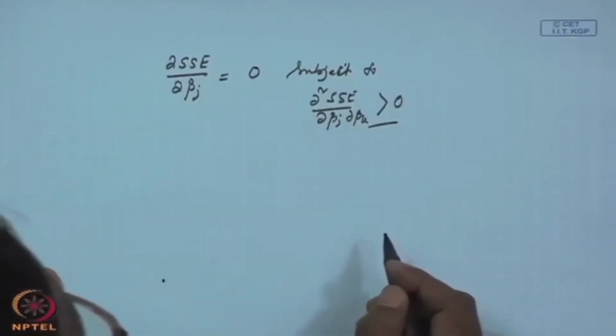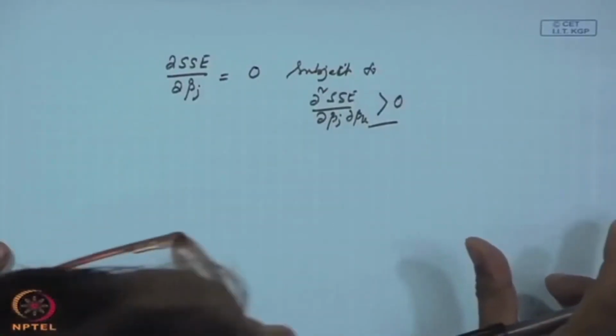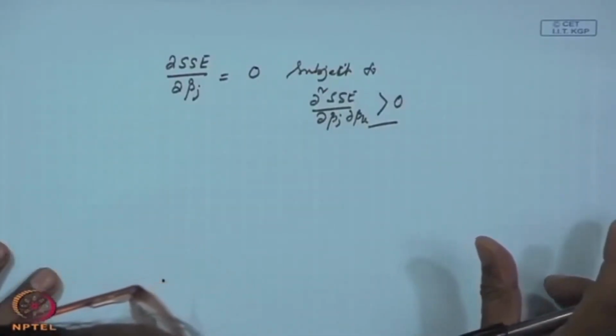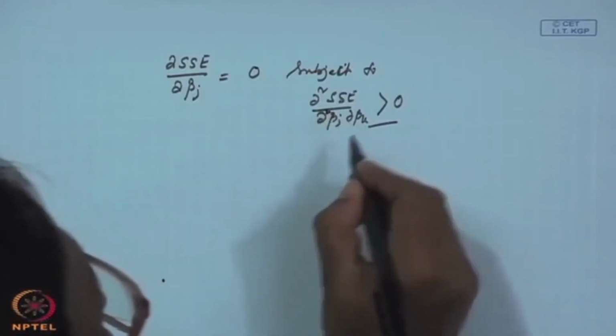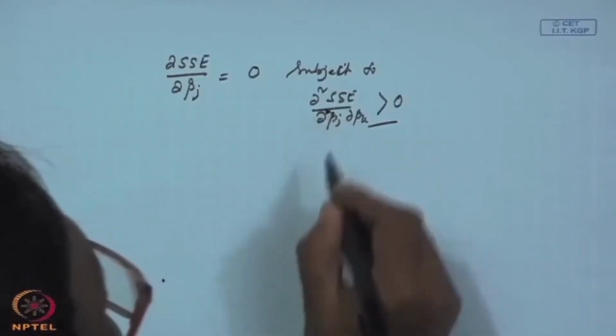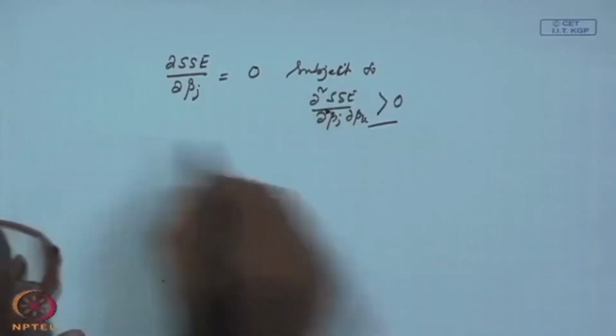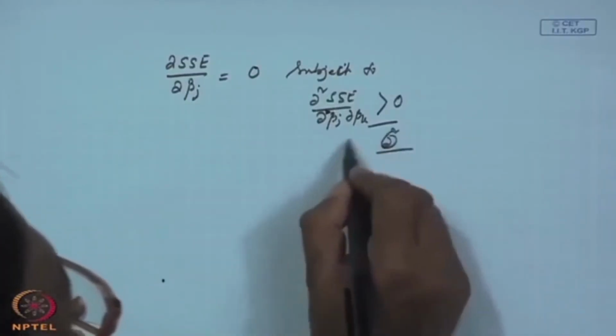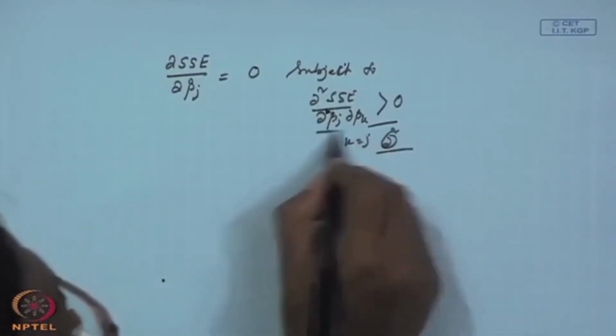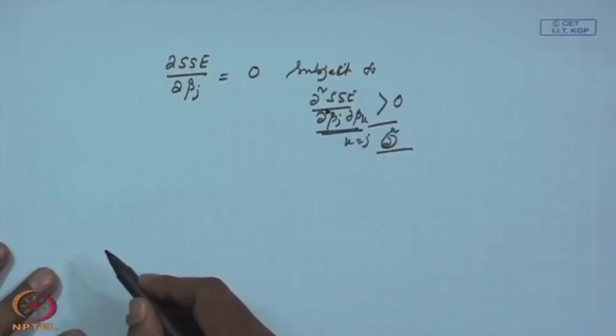Actually, there are so many variables, p variables. Sir, should it be del square SSE divided by del beta j del beta k, or only del square? When there is only one variable, we write it that way; now if k equal to j, it will take care of that case.